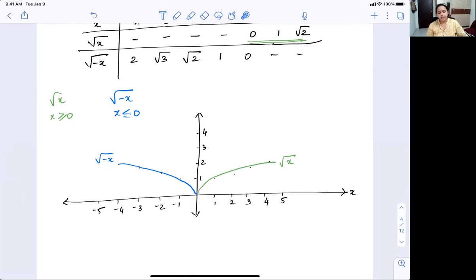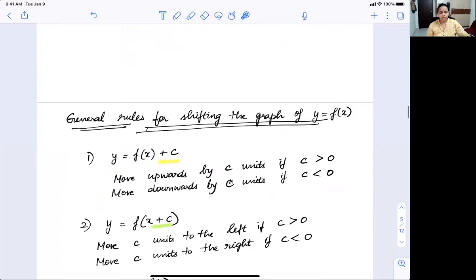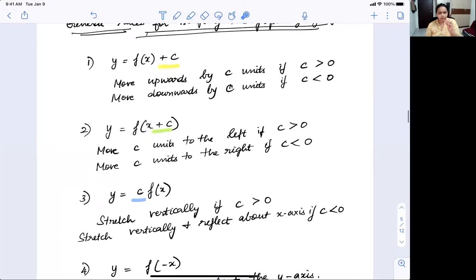Now, quickly summarizing all of these rules, when you add a constant, you move upwards or downwards. When you add a constant as an input, when the input of your function itself is changed by adding a constant, then you move left or right based on the sign, whether c is positive or negative.